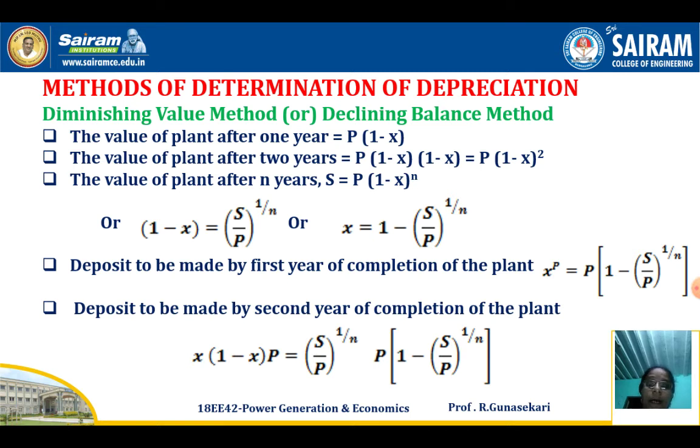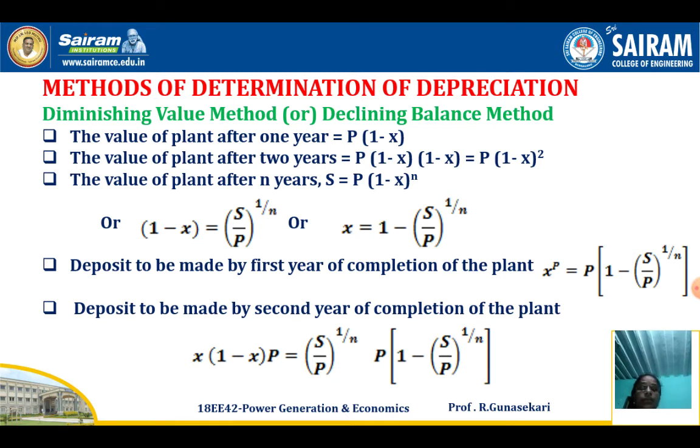So the deposit to be made by the first year of completion of the plant, xP, equals capital P into 1 minus (S divided by P) to the power of 1 by n.